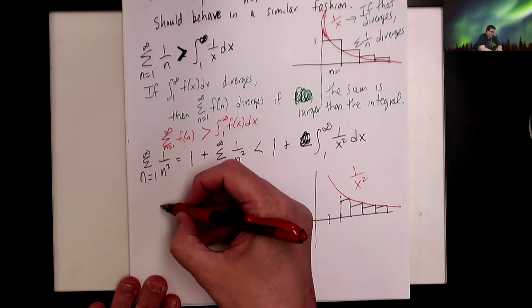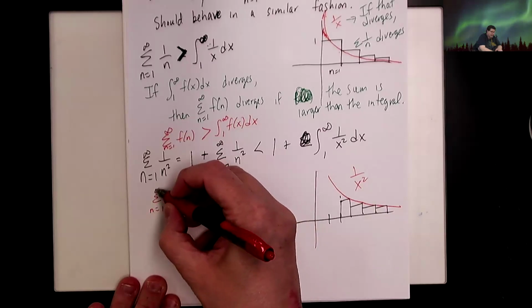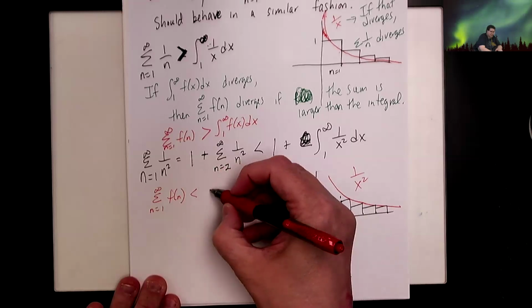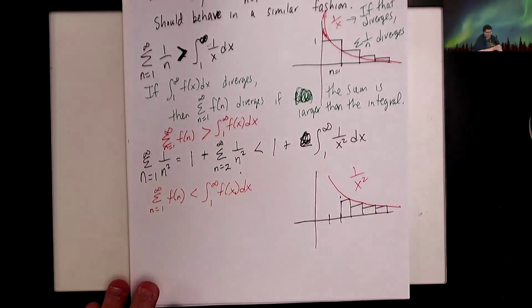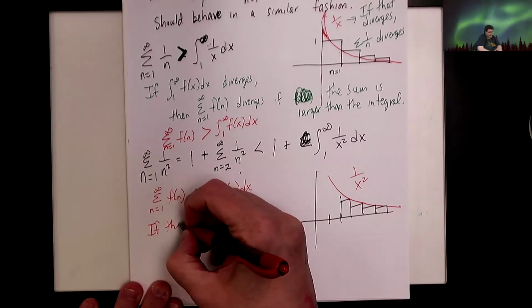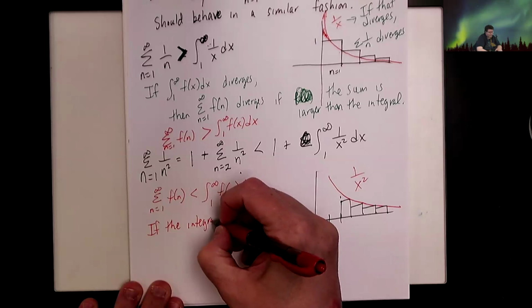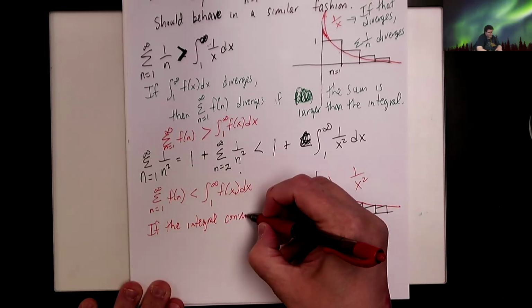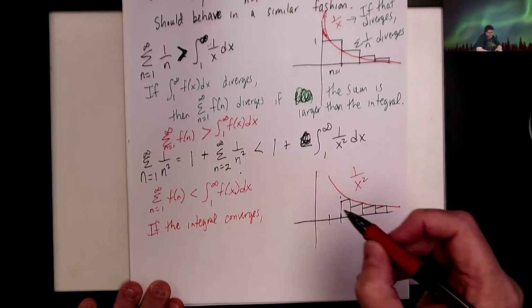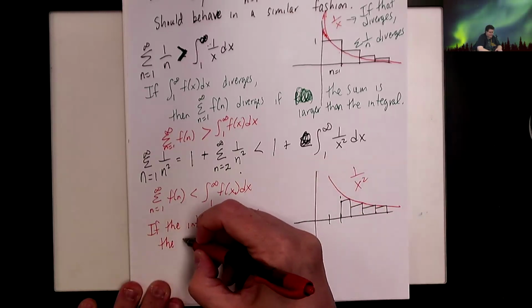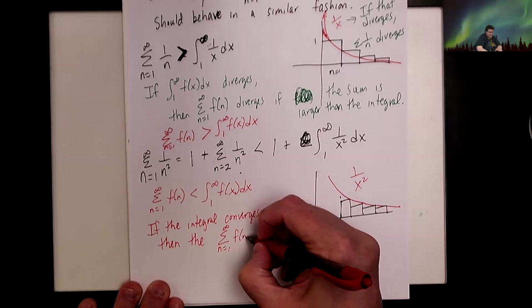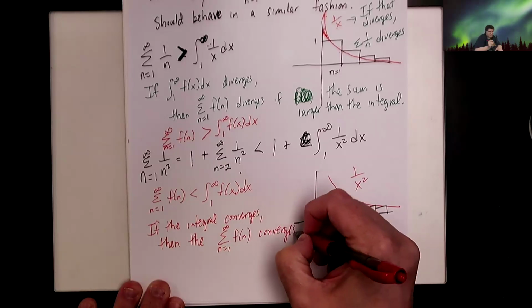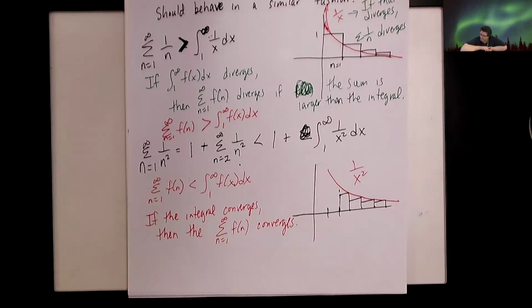And let's look down here, the sum from n equals 1 to infinity of f of n is less than the integral from 1 to infinity of f of x dx. If the integral converges, then the summation converges. That's the idea of what's going on here.